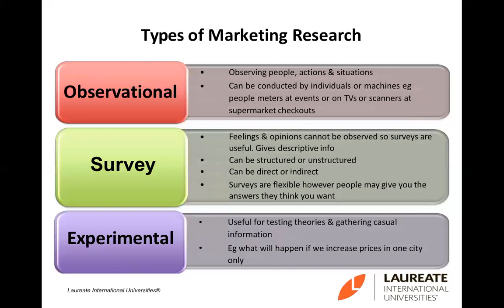And the last one is experimental, which is basically testing hypotheses. Well, I don't think it is theories, because theories are basically verified hypotheses. So we have done the experimental, testing the hypothesis. This one helps us generate theory.